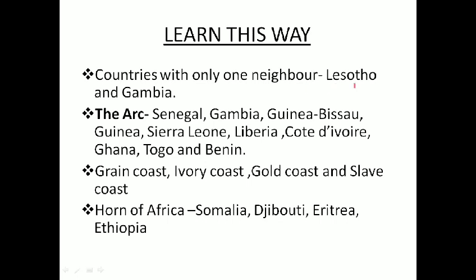So one is Lesotho, because South Africa surrounds it, and Gambia is also one country which is surrounded entirely by Senegal. So these are the only two countries which have only one neighbor.